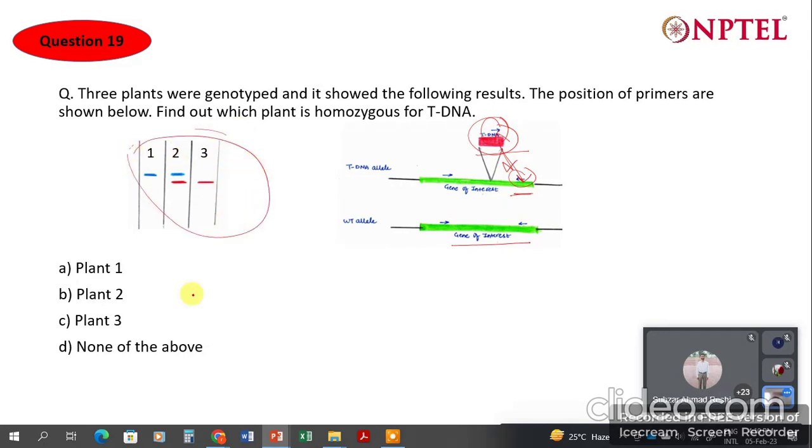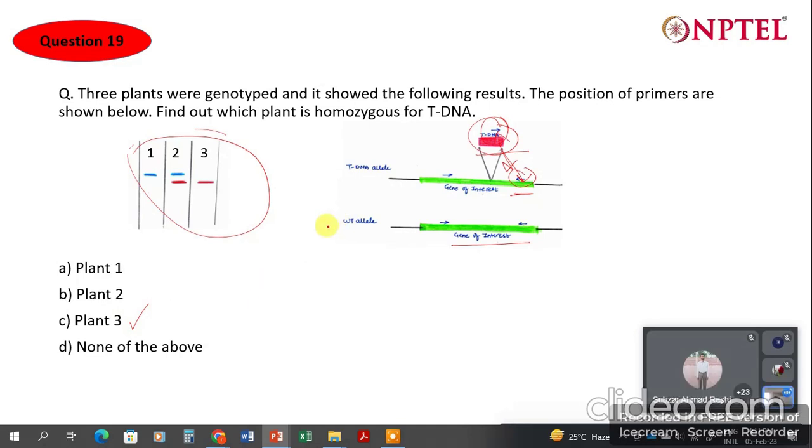So can anyone guess which plant will be homozygous for tDNA? Yeah, anyone? Okay, plant 3.